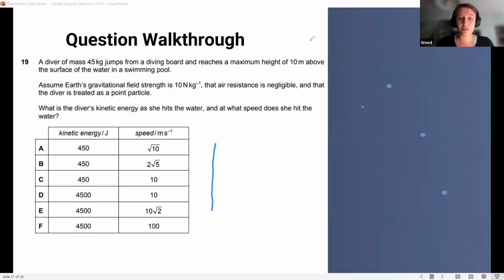The key thing to remember is that the maximum kinetic energy, because we're assuming there's no energy lost in the system, 100% efficient essentially, and the maximum gravitational potential energy are going to be equal to each other. So we can use that to answer this question.